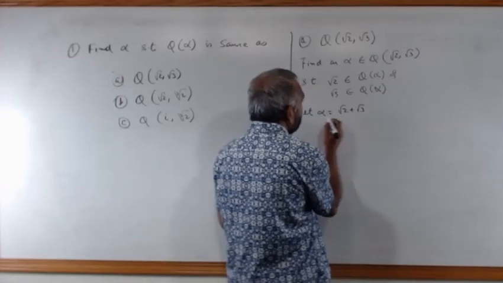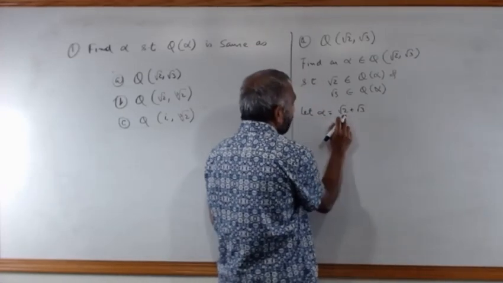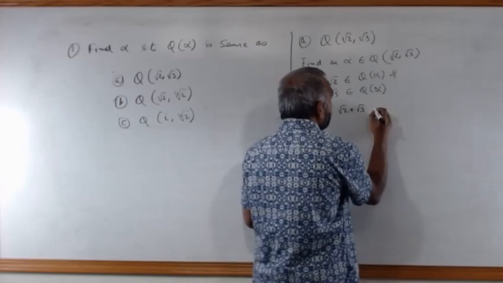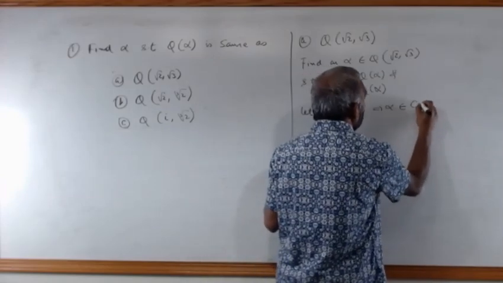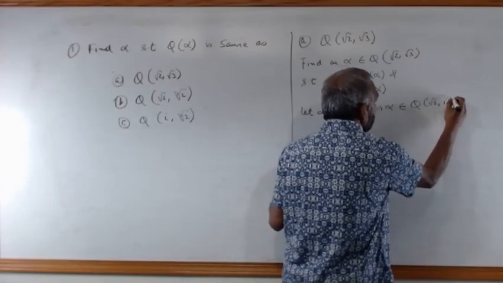So let us see whether we can. If α is equal to √2 plus √3, then α definitely belongs to Q(√2, √3).